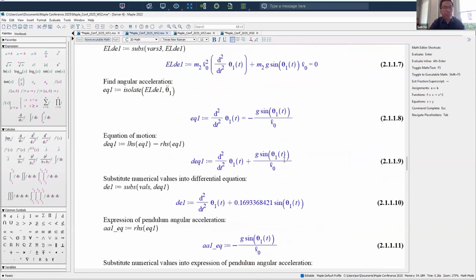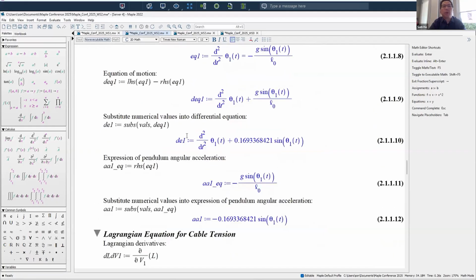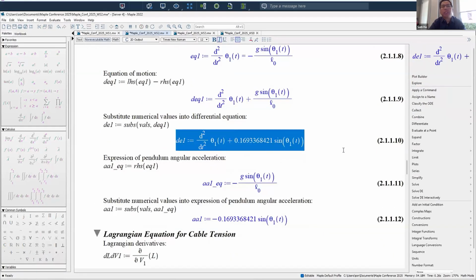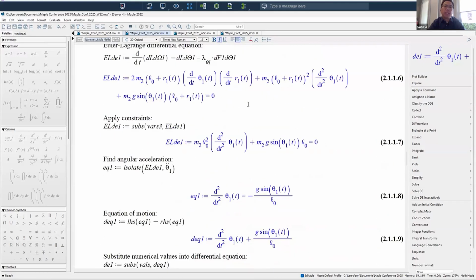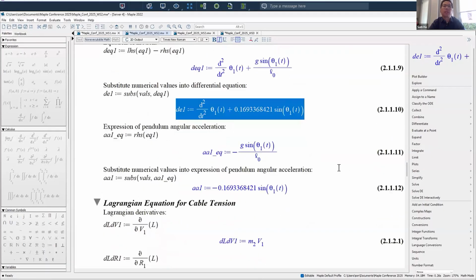And at the end, after the math, we end up with this equation, which is exactly the same as the equation from Newtonian mechanics. So this exercise is to confirm that the math to derive the motion equation through Lagrangian formulation comes up with the same equation as the Newtonian approach.